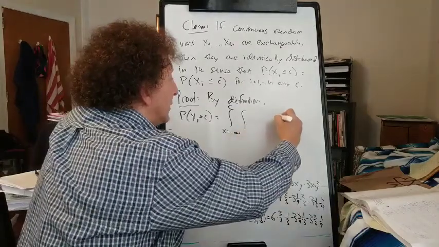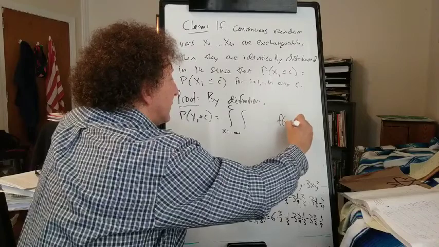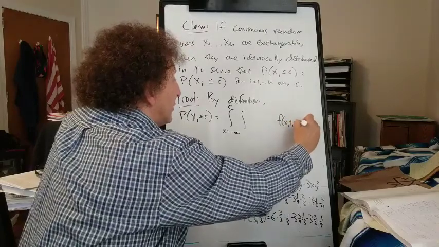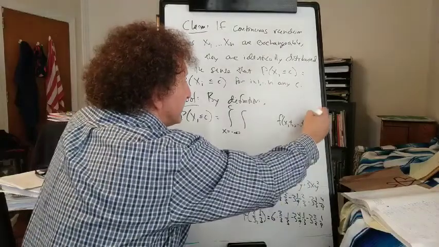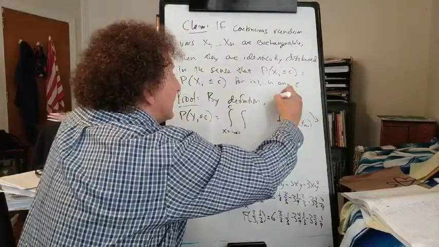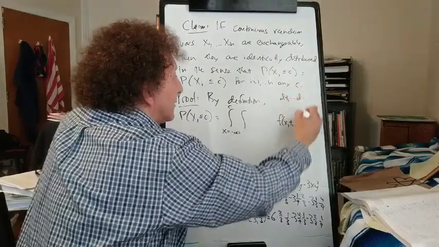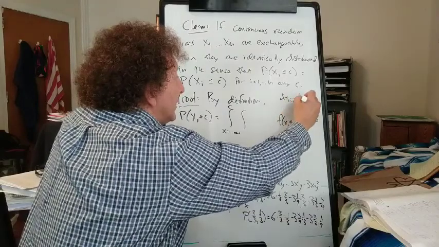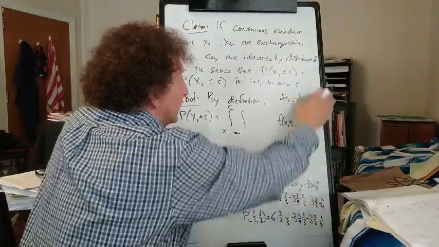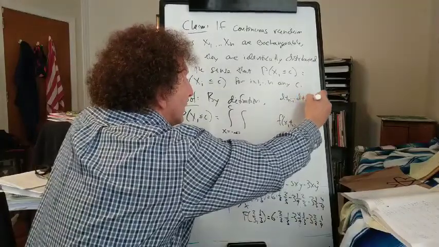So let's write f of x, t1 through tn minus 1, dt1 through dtn minus 1, dx.